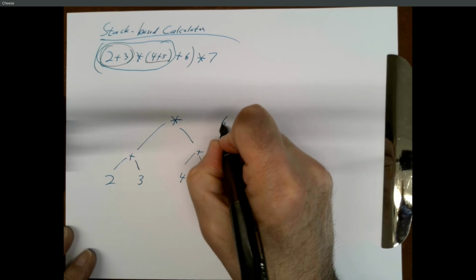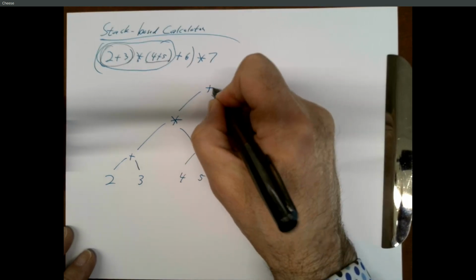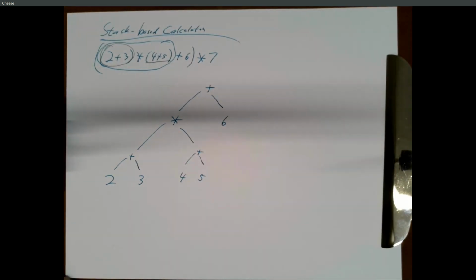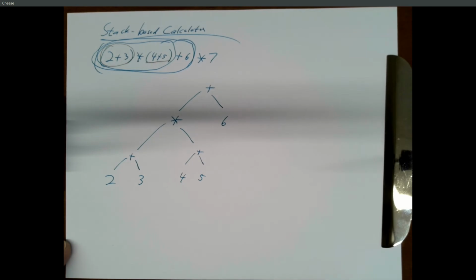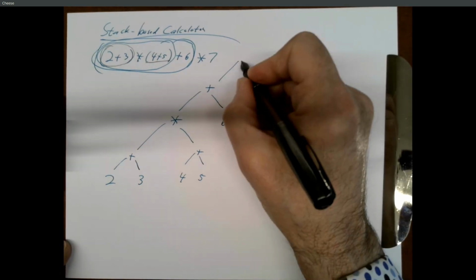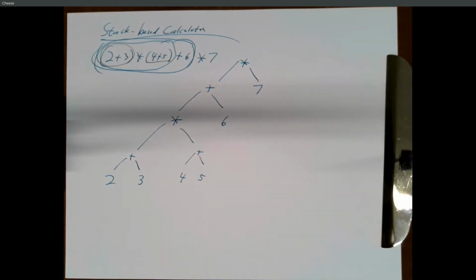And now I want to take the result of that and add a 6. So I'll take that and a 6 and make them children of a plus operator. And that's all of this. And now I want to multiply that by 7. Put a 7 there. Make them children of a multiply. So there's a tree corresponding to that expression.